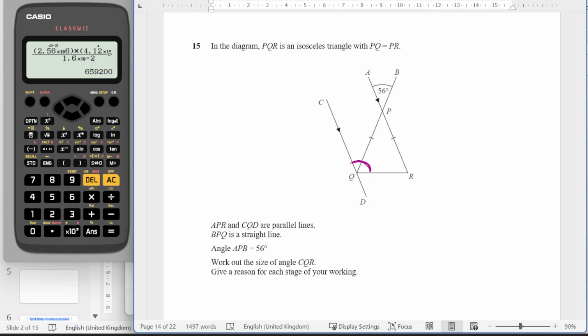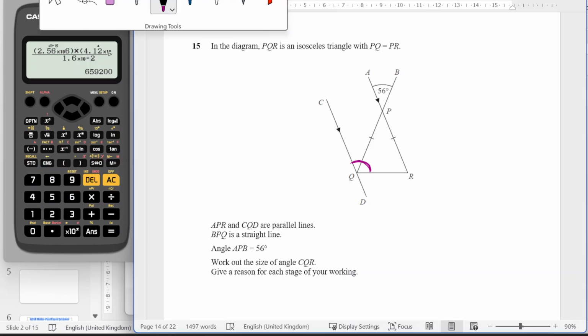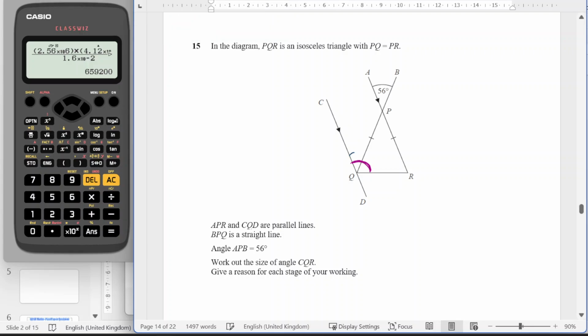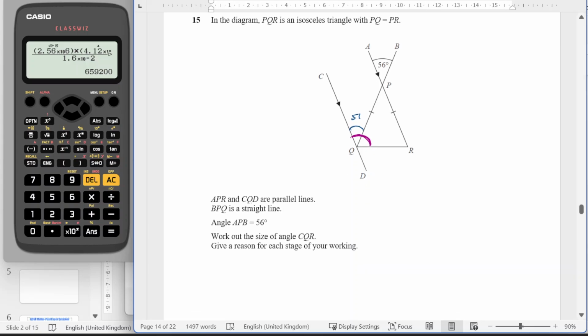So first of all, let's colour it. If I say this angle here is going to be 56, and the reason is it is a corresponding angle to APB. So CQP is going to be equal to 56 degrees.